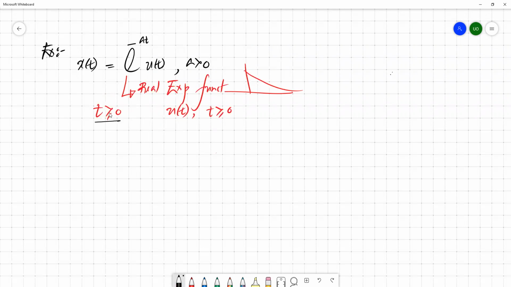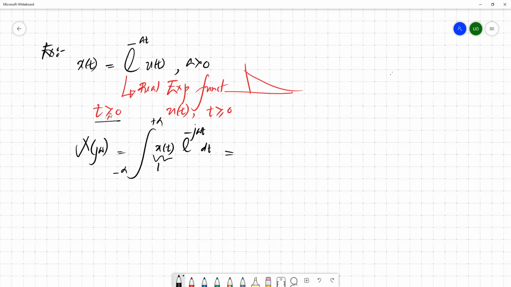Then we'll apply the basic equation, X(j omega) equals the integral from minus infinity to plus infinity of x(t) e to the power minus j omega t dt. We know that this x(t) is basically defined only for t greater than or equal to 0 due to this unit step.